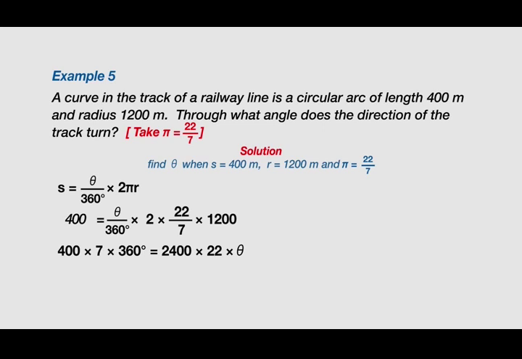We want theta left alone. And so we will have 400 times 7 times 360 divided by 2,400 times 22.